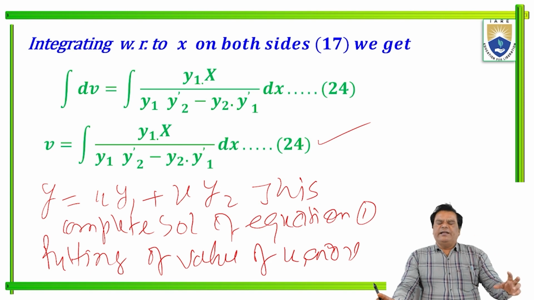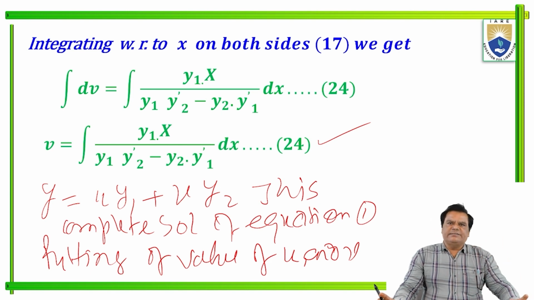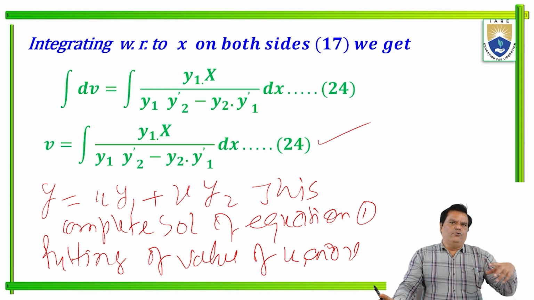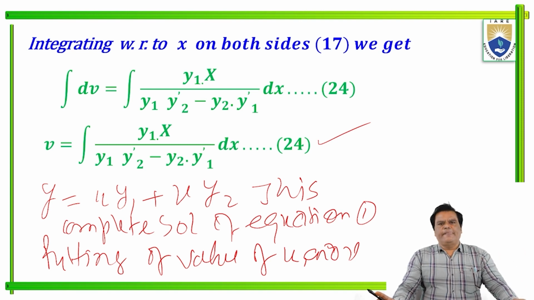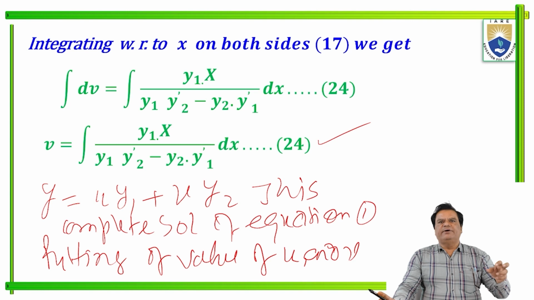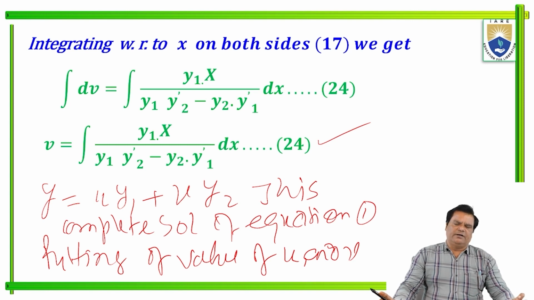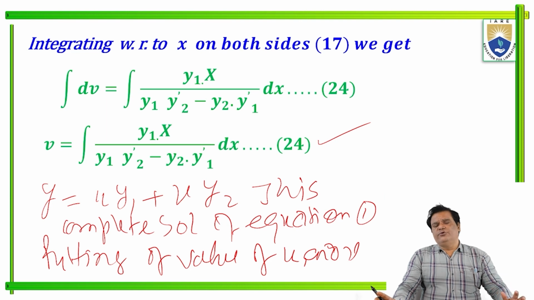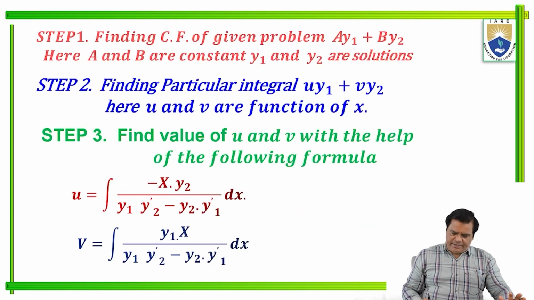In our complementary function there are two arbitrary constants. Two arbitrary constants are converted into two functions of x, u and v, and later we find the values of u and v. The complete solution is y equal to u y1 plus v y2. This is the complete solution of 1. This procedure is known as the method of variation of parameters.